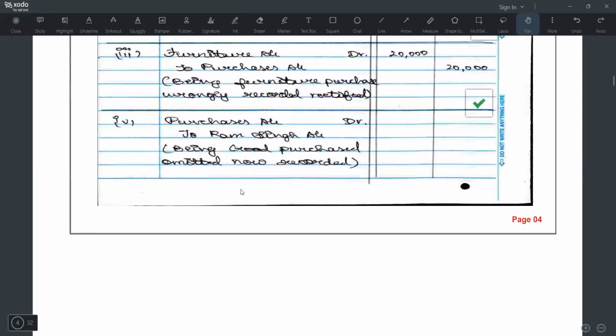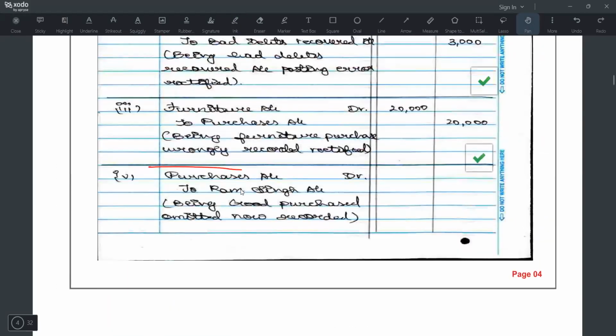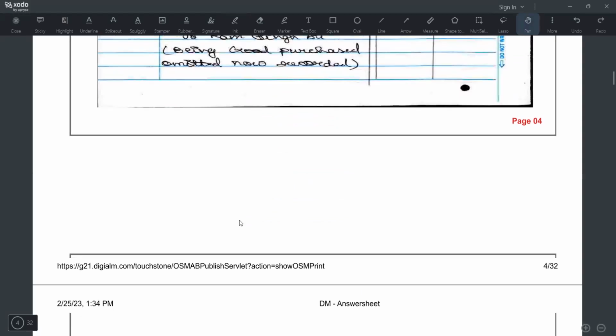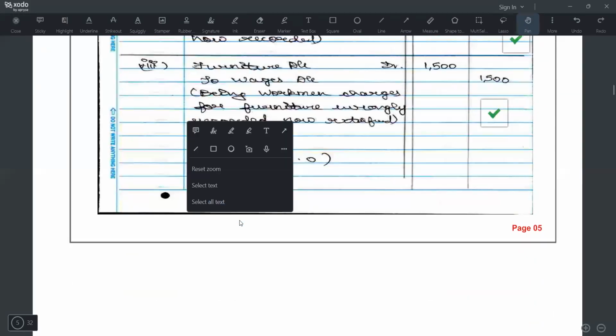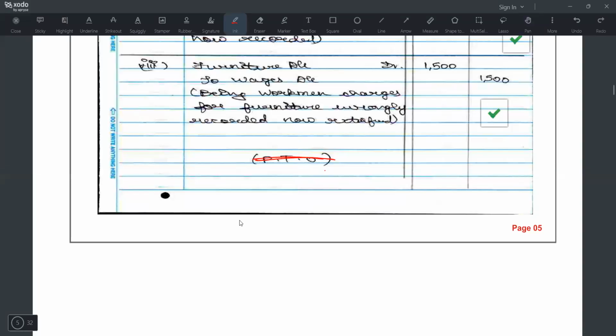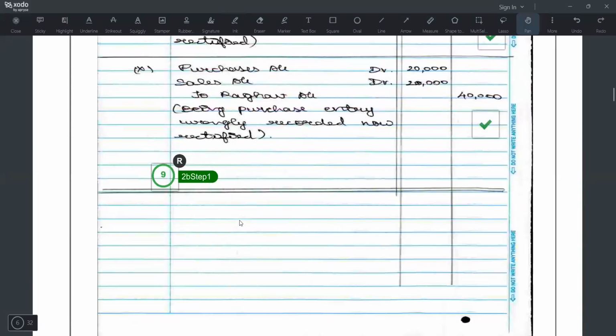He has written everything. These lines and markings you can do last. Narration is an important thing, and it should be in a precise format and very minimalized. Don't write this PTO, because each and every paper is going to be corrected online anyhow, so try to avoid writing it.